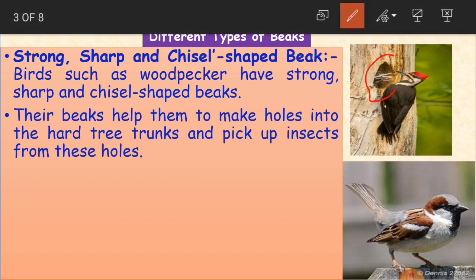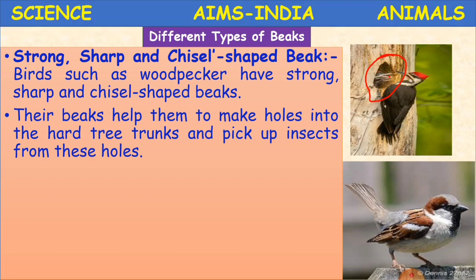So this is the trunk or a branch of a tree. Using its beak, what is it doing? It is making holes here. And if there are any insects inside the tree, it is going to pick those insects from the holes and eat them as its food. Clear, children? So this is about the woodpecker.